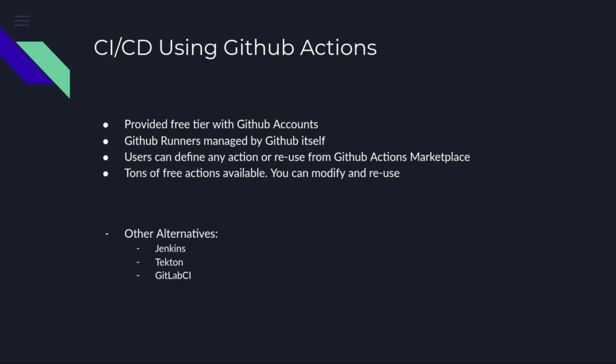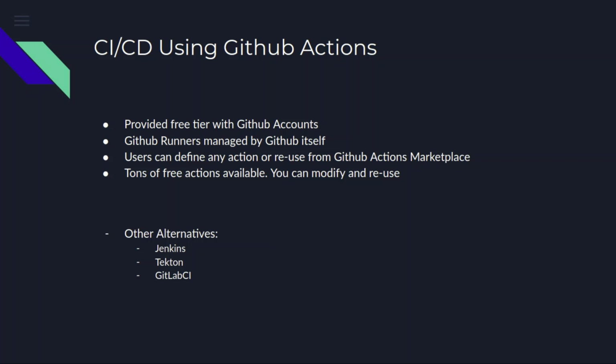So GitHub runners are basically containers that are managed by GitHub itself. GitHub has their own infrastructure, and they have these runners, which are containers, and you define steps for how you want to build and test your application, and those steps run in some other containers which GitHub manages.